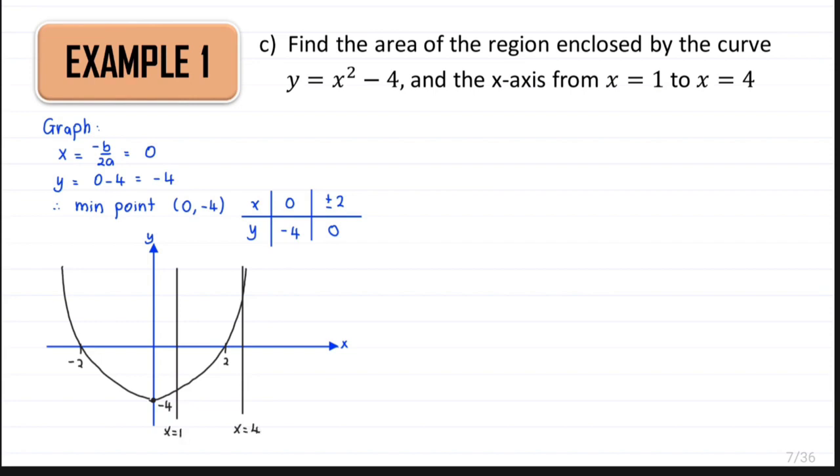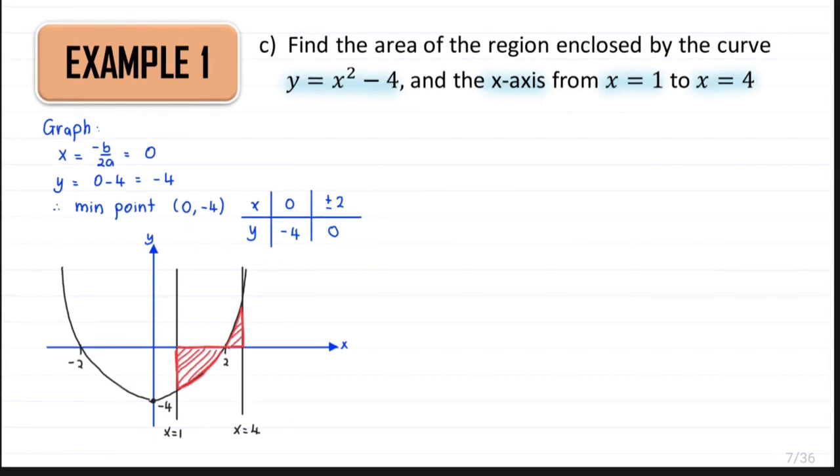Okay. Now we want to find the area of the region enclosed by the curve, the x-axis, the line x equals 1, and the line x equals 4. So we have two regions. Now we find the area.